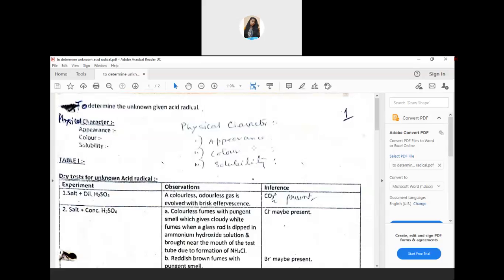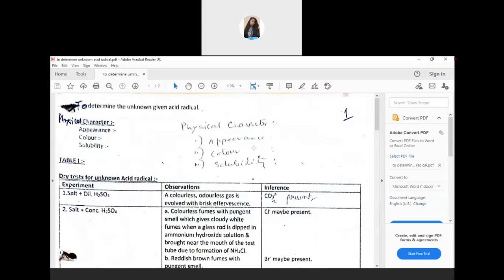In this experiment, we will learn how to determine the acidic radical from the salt. For that, you have to do a preliminary investigation of the physical character of the given salt, because the examiner will provide you a salt, and from it you have to determine which acid radical can be present.